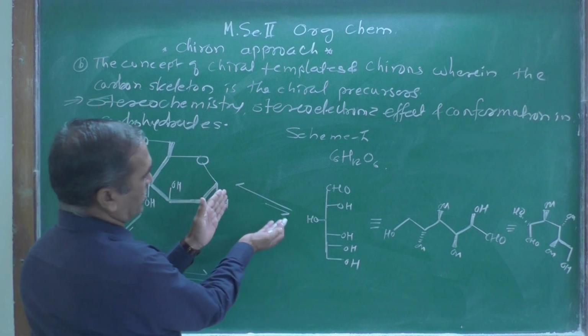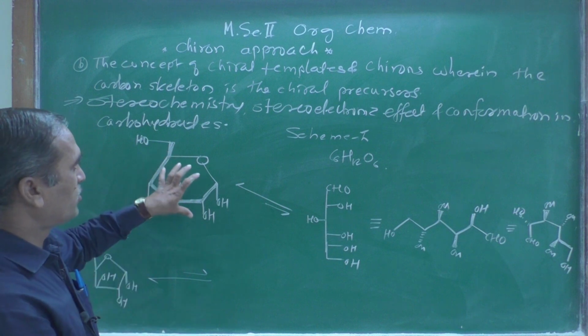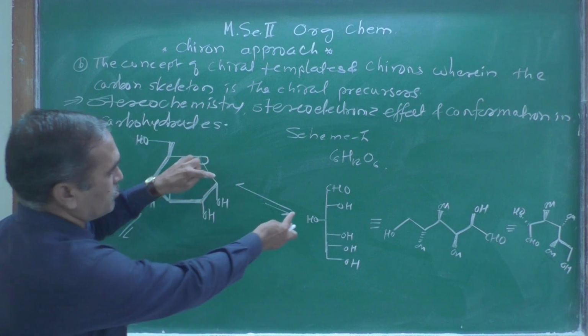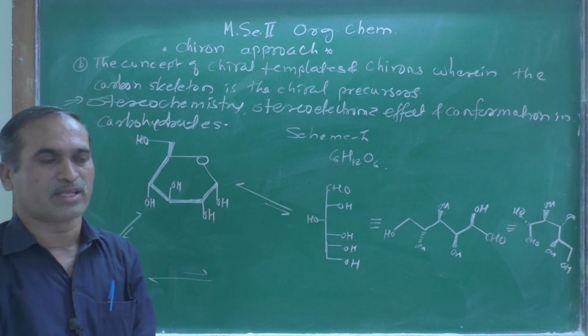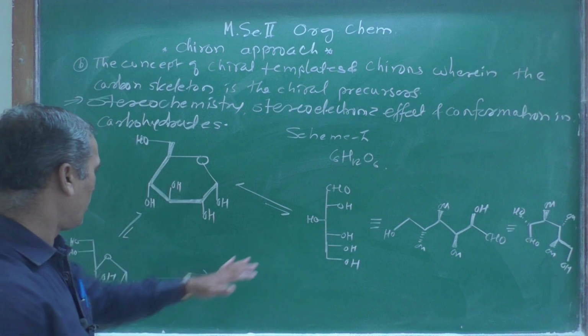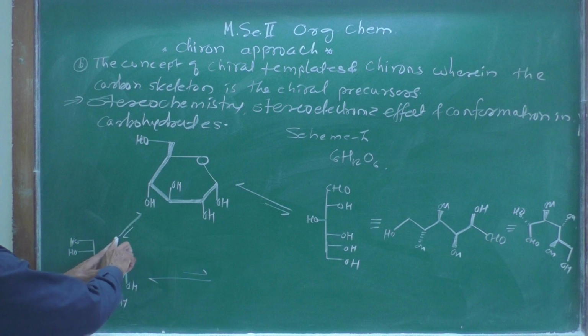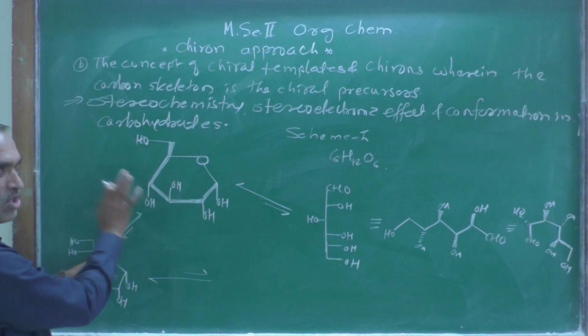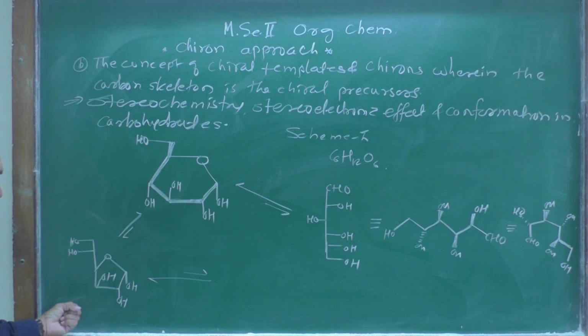And now what is this arrow? These are the equilibrium arrows. This exists in major amount, and that's why a long arrow is shown, and the open chain is present only 0.02% in the solution. And this is a 5-membered ring. The 6-membered ring is the majority form, and the 5-membered ring is the minor.